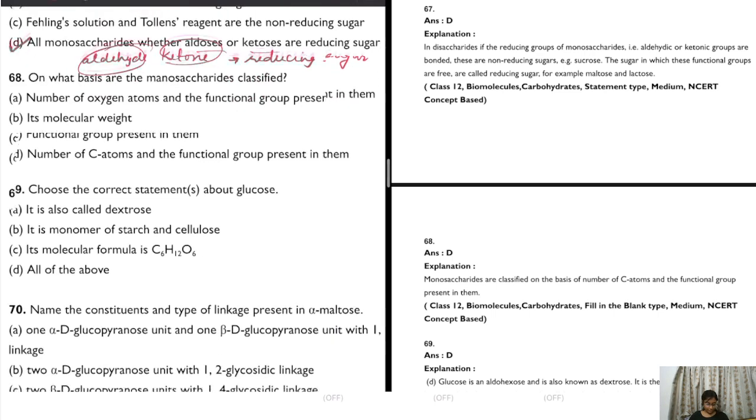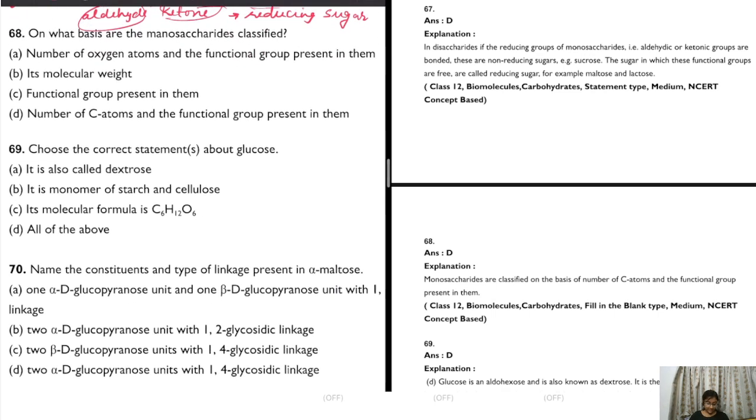Now let's see the next question. It says on what basis are the monosaccharides classified? See, monosaccharides are always classified upon the number of carbon atoms and functional group present in them. How?